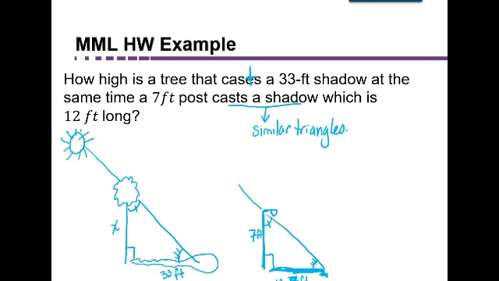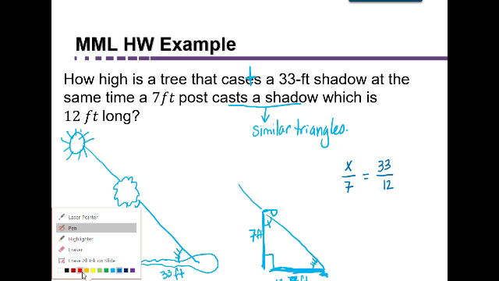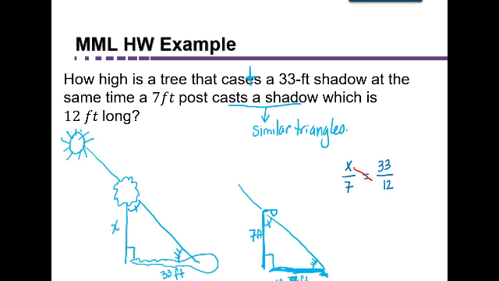So we're going to say that x from the larger triangle is proportionate to 7 from the smaller triangle, but also 33 from the larger triangle is proportionate to 12 from the smaller. So we've set up a proportion, and we can cross multiply.